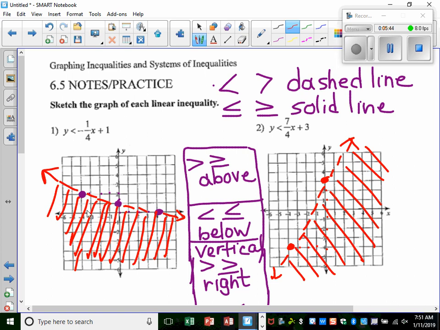Any of these points in here, if I took an ordered pair like 0, 0, and put 0 in for y and 0 in for x, I'm going to end up with 0 is less than 1. That is a true statement. So any point in the shaded part would be a solution to the inequality.